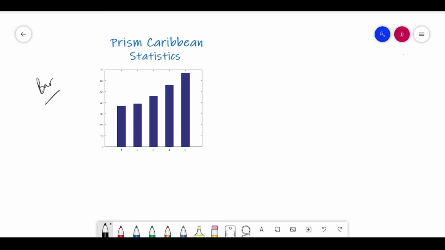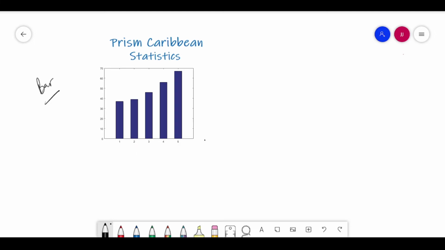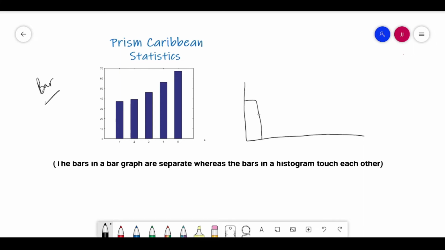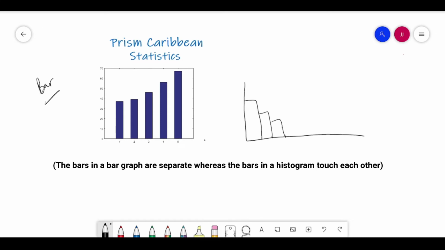The histogram on the other end looks pretty much similar to a bar graph, right? Where you have some data, it pretty much looks like a bar graph.